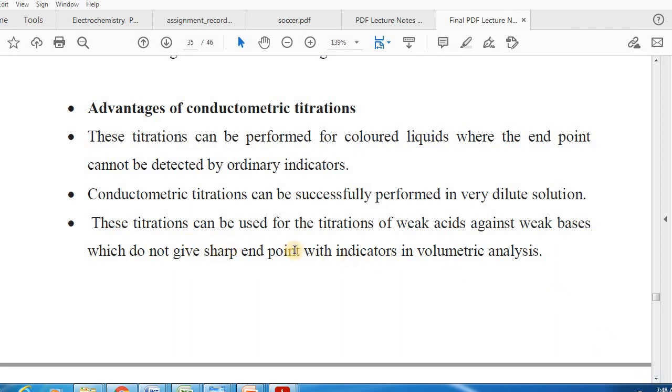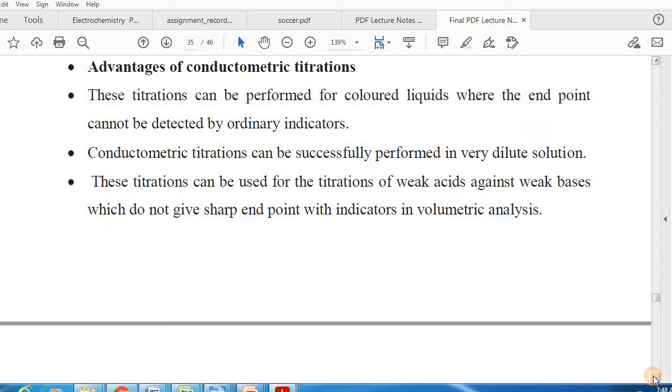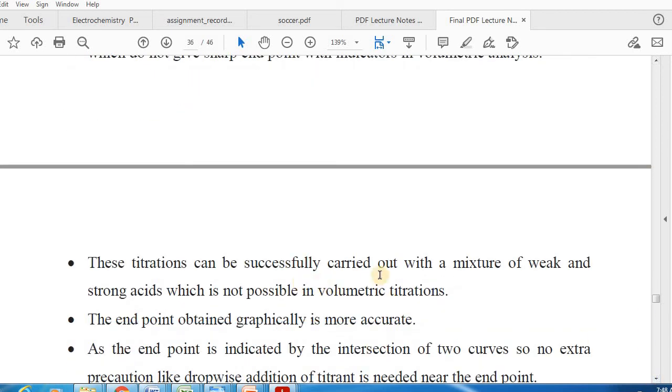Third, these titrations can be used for titrations of weak acids against weak bases, which do not give any sharp end point with the simple indicators used in volumetric analysis. Moreover, these titrations can be successfully carried out with a mixture of weak and strong acids, which we have already studied, and this is not possible in volumetric titrations.